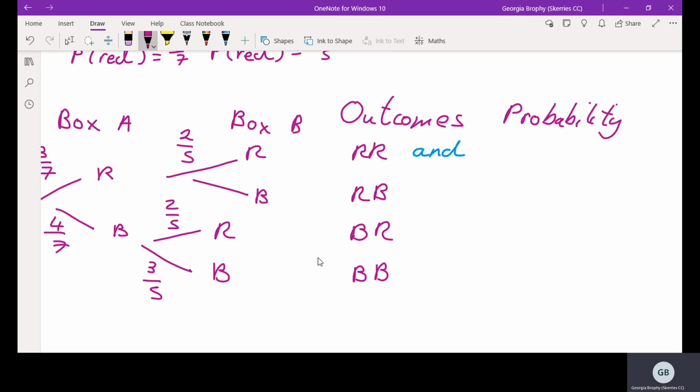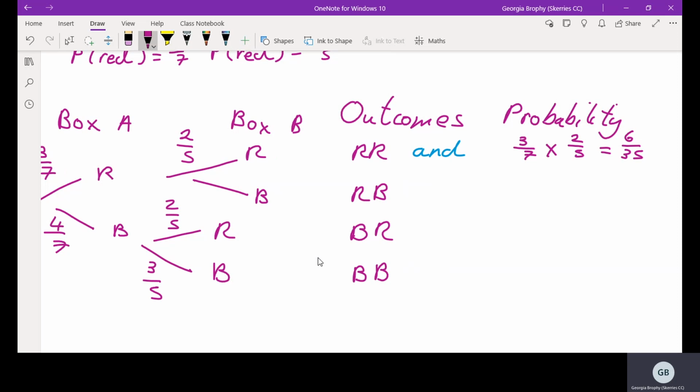Okay, so RR, the probability of choosing red from the first box was 3/7. And we multiply by the probability of choosing red from the second box, 2/5. That equals 6/35. Let's look at our next one.